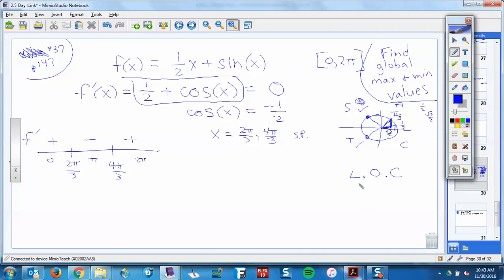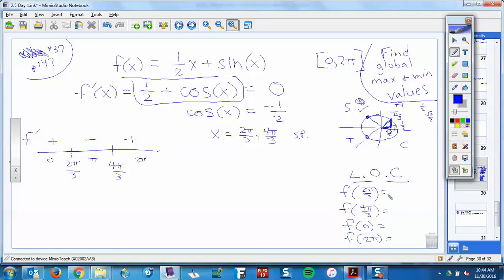List of candidates. So Joe was saying it said to do global max and min. That means we take our stationary points, plug those back into the original, and we take what else? The interval endpoints, and we plug those in. Now, here's where it gets a little bit messy, so I want you to try this without your calculator.